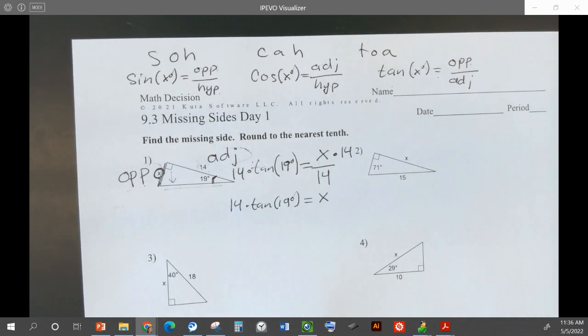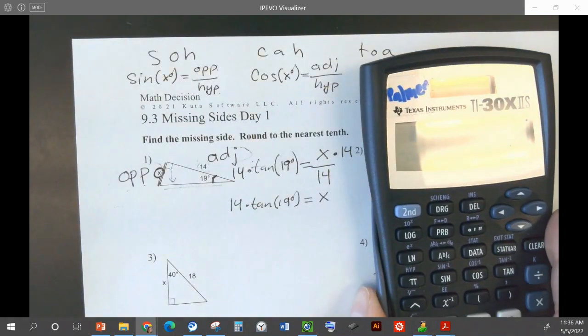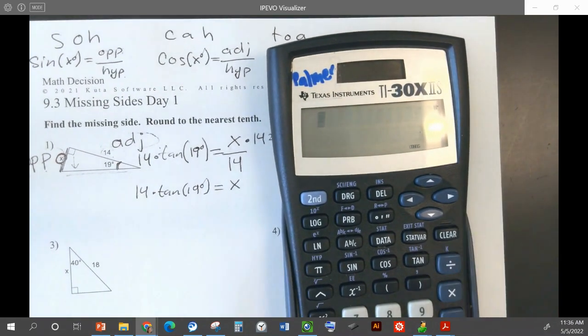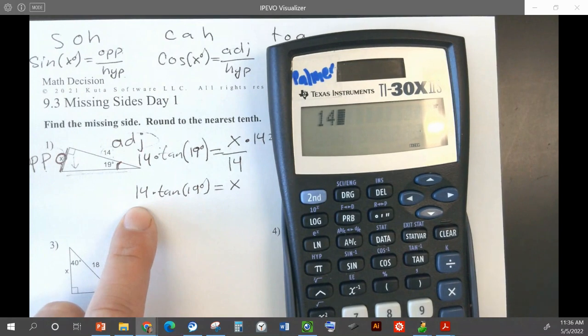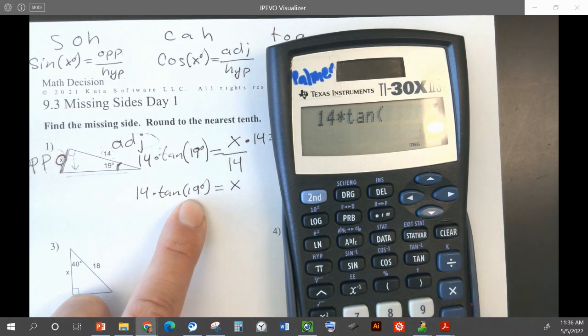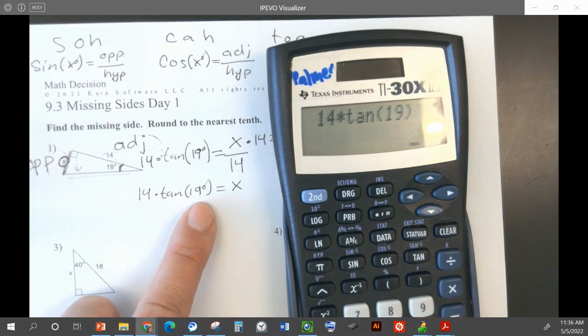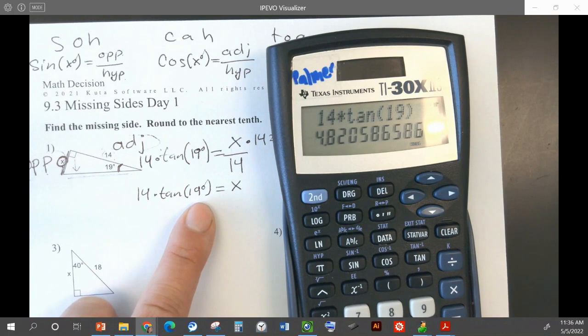Let me grab a calculator. And again, make sure your calculator is in degrees, whatever calculator you're using. And then I just type this in, 14 times the tangent of the angle, in parentheses, and then I push enter.